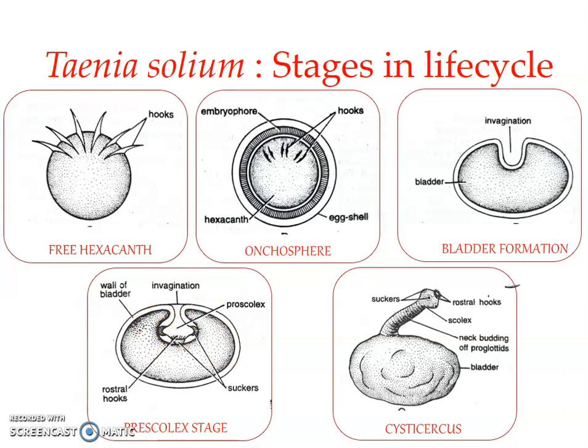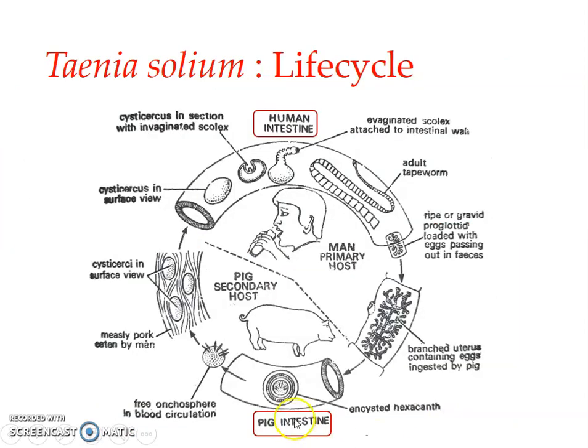Fine. Now the cysticercus develops into the adult tapeworm only when ingested by the human host. In this cysticercus, you can see it is formed from this one. It is a cysticercus type. Now this cysticercus stage will develop into the complete adult tapeworm only when it reaches the human intestine. It is present in the striated muscles, right?